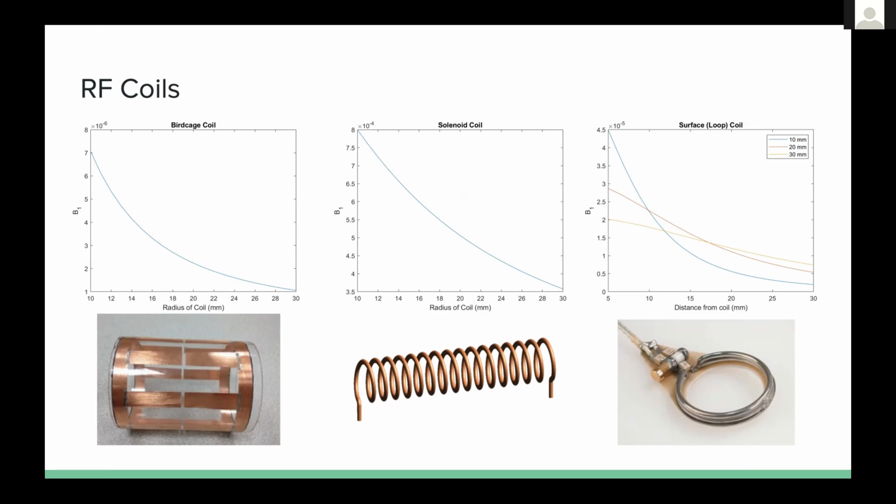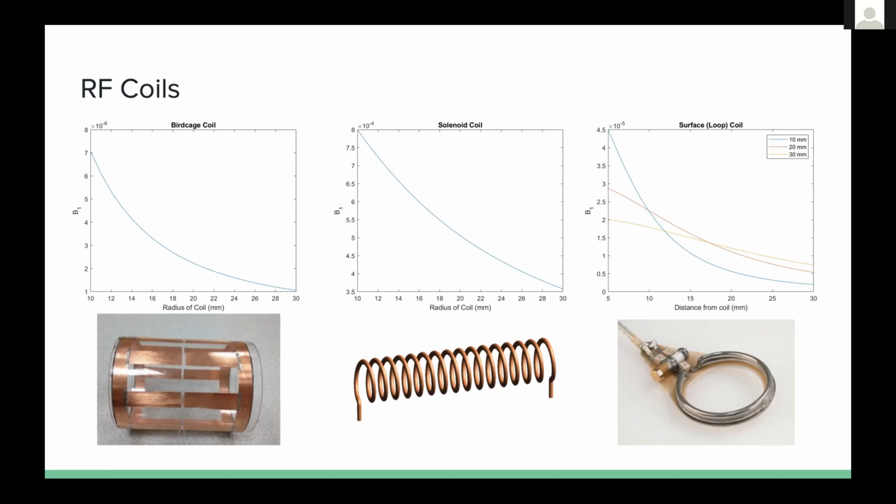It works very similarly in MR systems, where your coil's ability to receive a signal is proportional to the coil's ability to send out the signal. So that's why we can look at the strength that these coils give and understand the sensitivity that we are going to get back from them.